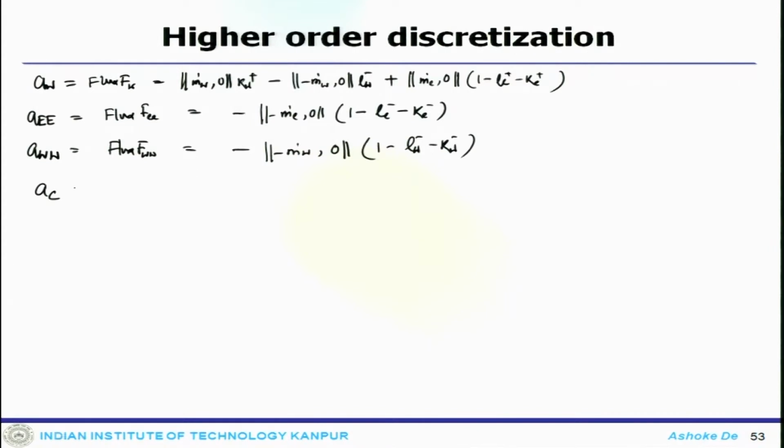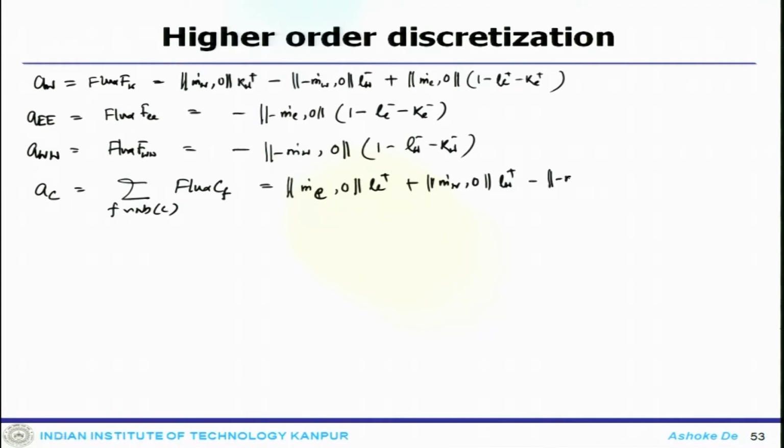So, AC is the summation of NBC flux CF, which is M dot E 0 LE plus M dot W 0 LW plus minus M dot E 0 KE minus M dot W 0 KW.